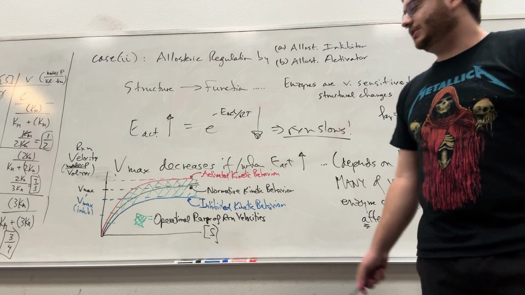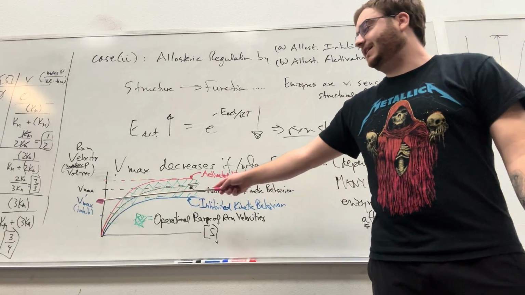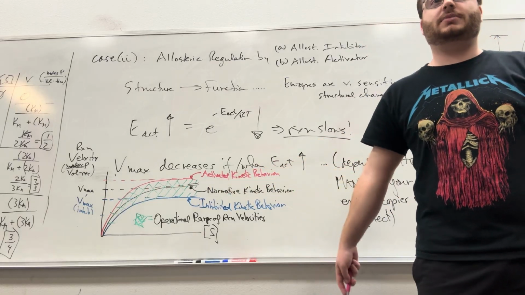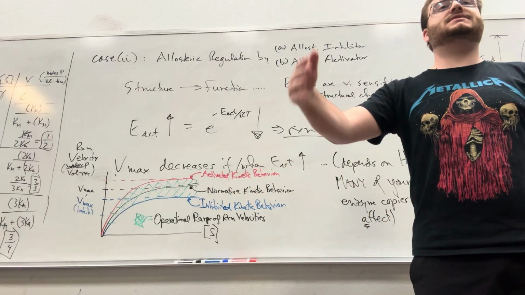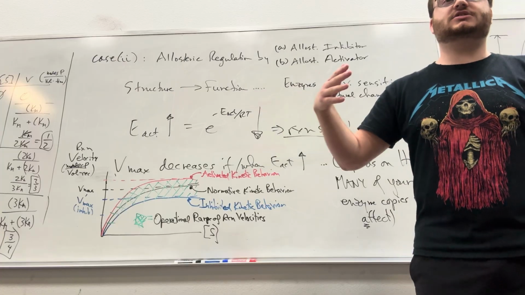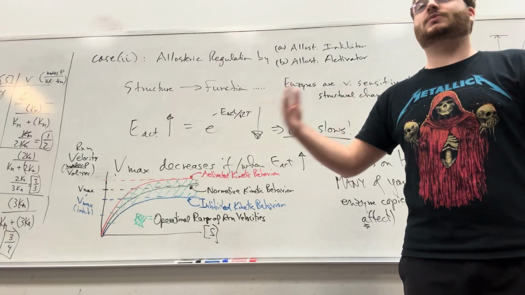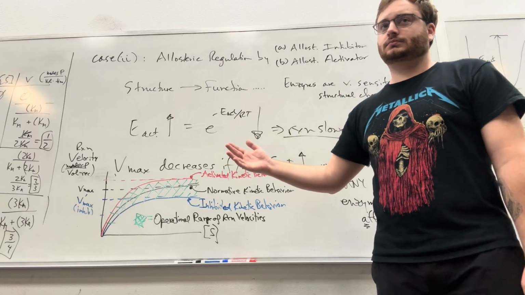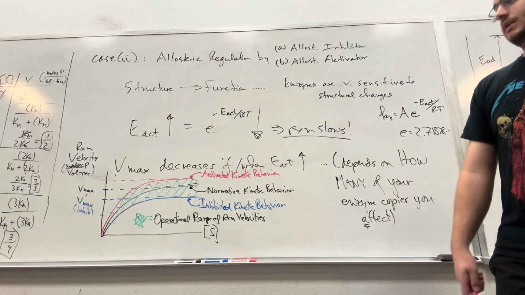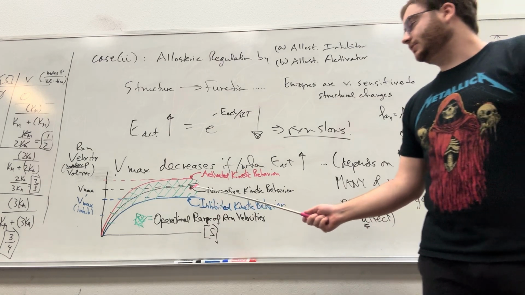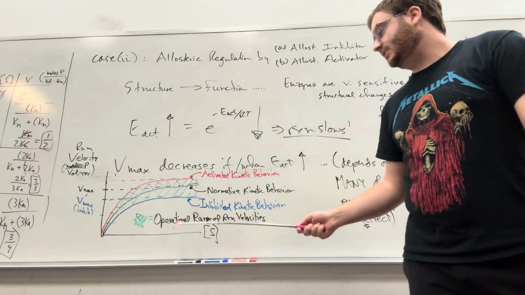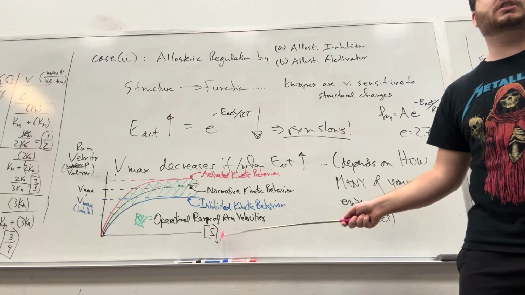So what's going to happen is my Vmax is going to drop, or the highest that I can work as long as James is there is much less than my ability if James was not there. Cool? And that's going to be on this blue line here, depending on the concentration of my substrate, right?